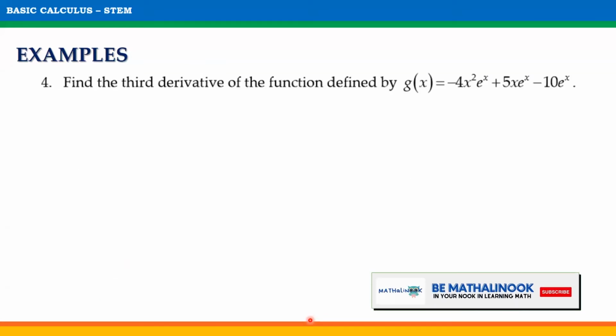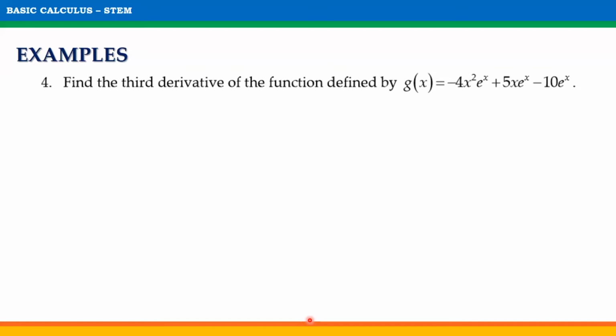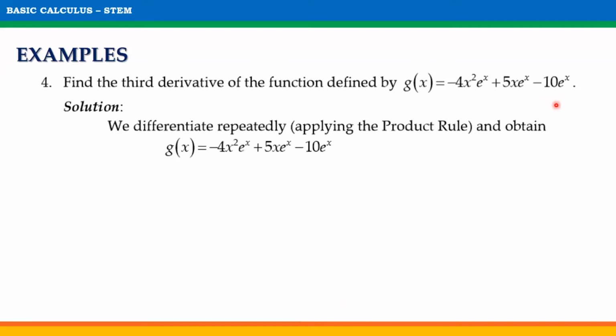Another one. Find the third derivative of the function defined by g of x equals negative 4x squared e raised to x plus 5x e raised to x minus 10 e raised to x.